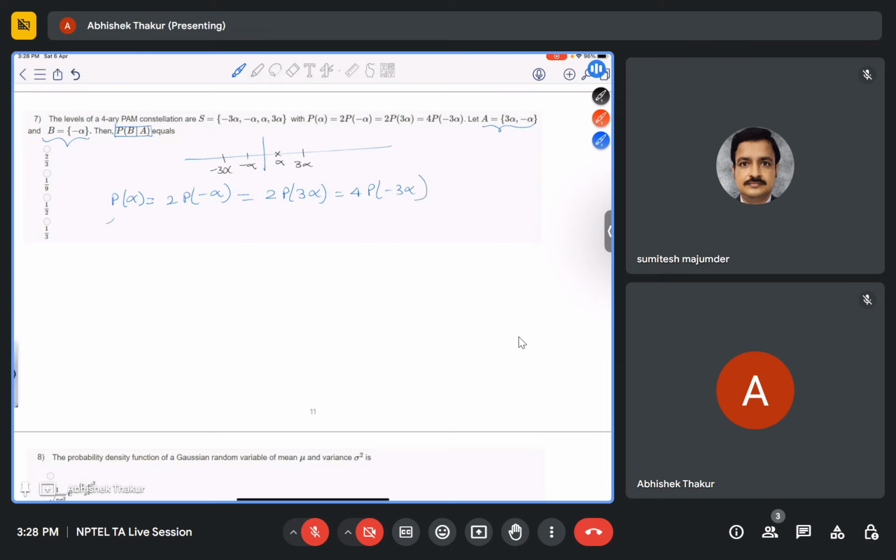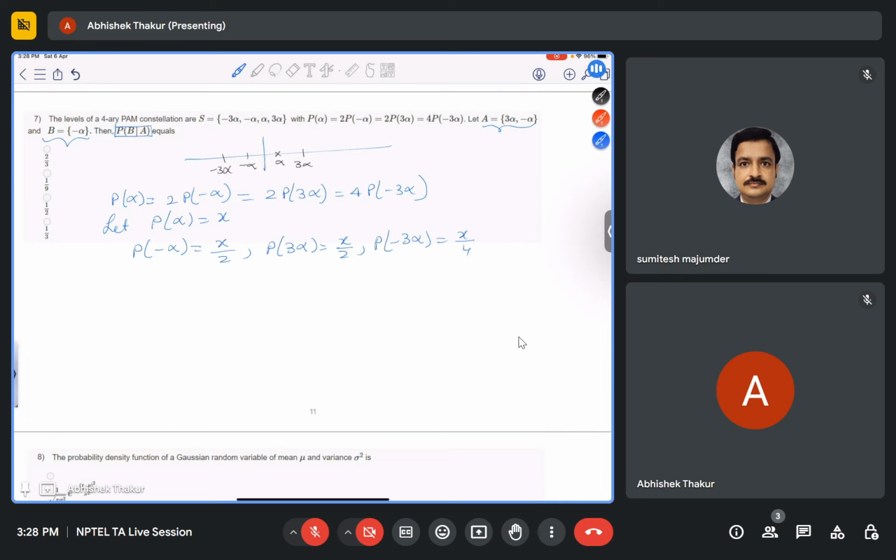Let the probability of alpha be equal to x. With that we will get the probability of minus alpha equal to x by 2, the probability of 3 alpha also equal to x by 2, and the probability of minus 3 alpha equal to x by 4.